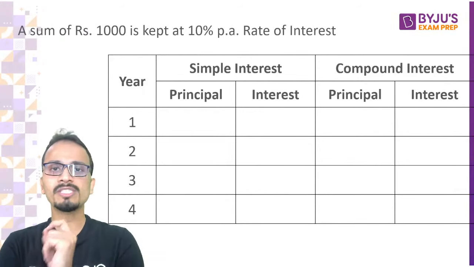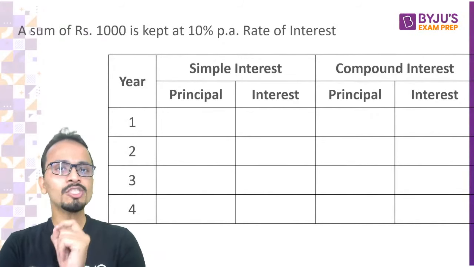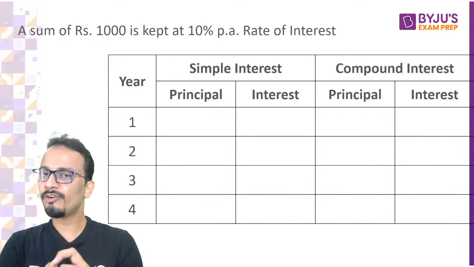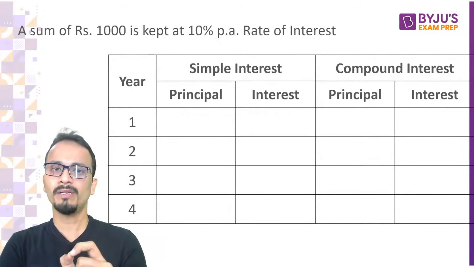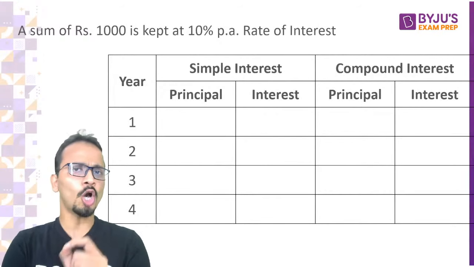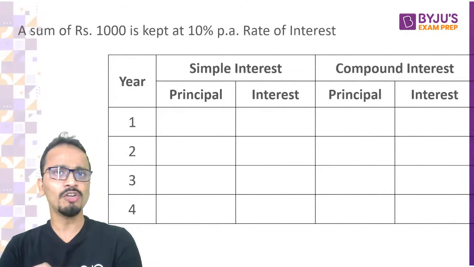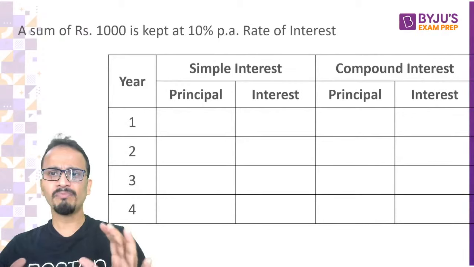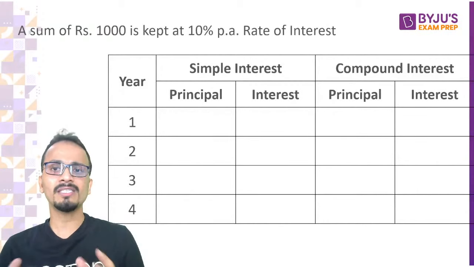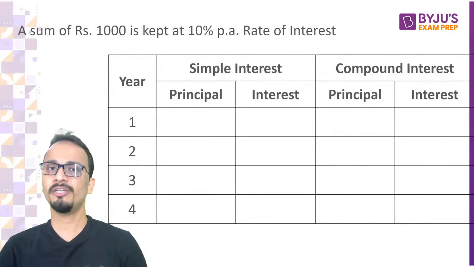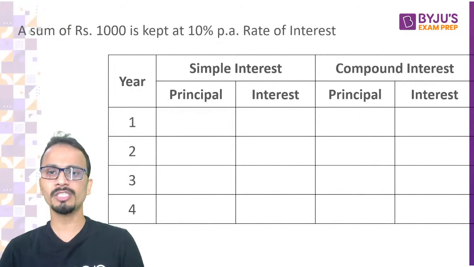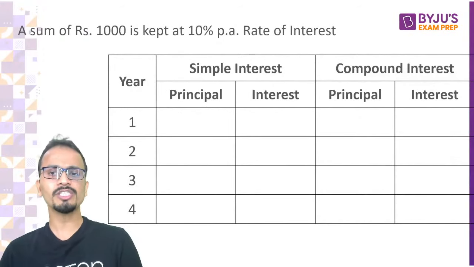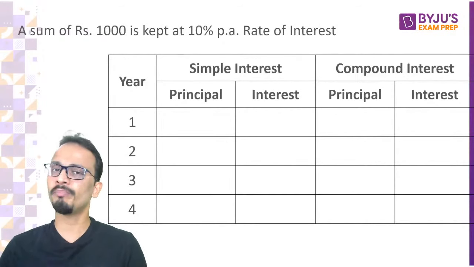Now in case of simple interest, the interest is always calculated on the principal. That means the interest is always calculated on the initial value. This is the main concept behind simple interest. So always keep in mind just one statement about simple interest, that interest is always calculated on principal.